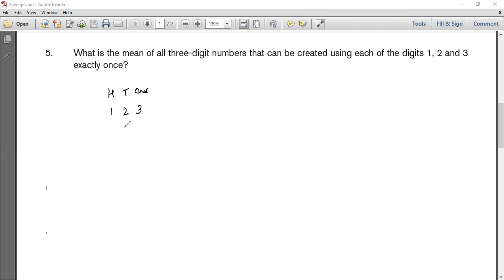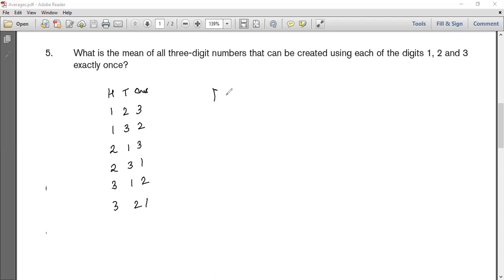You can keep one digit constant and change the order: 1, 2, 3 and 1, 3, 2. Then we take 2: 2, 1, 3 and 2, 3, 1. Then we take 3: 3, 1, 2 and 3, 2, 1. So these are the 6 numbers that we get.